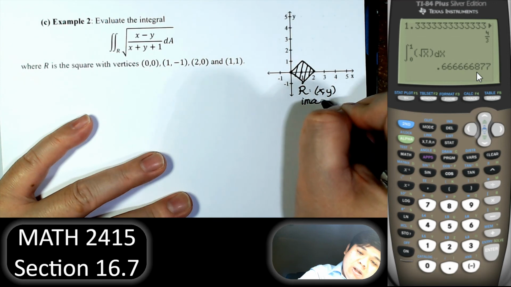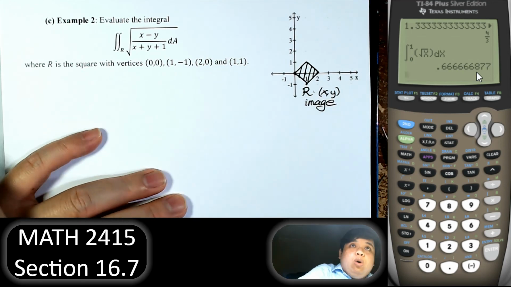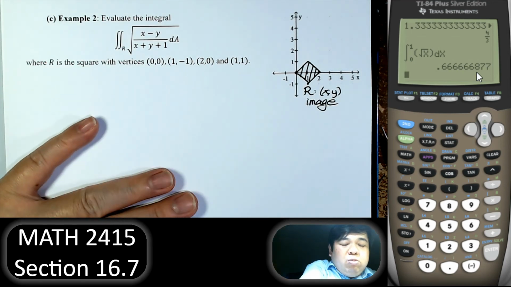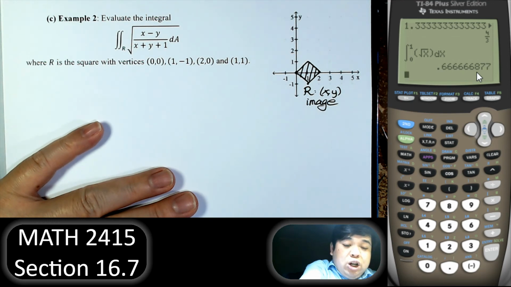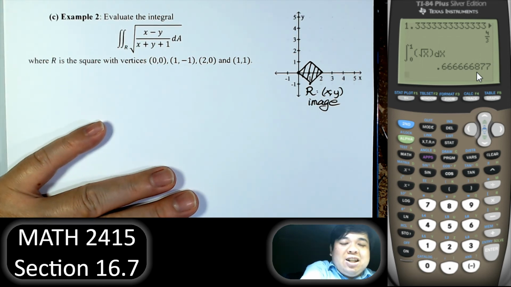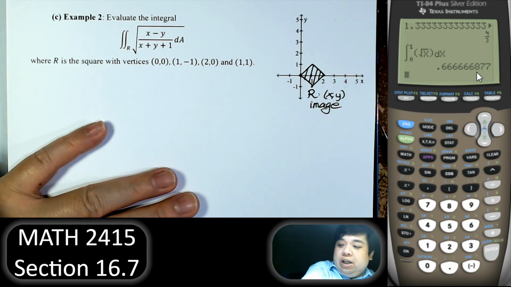This is the image. In order to use the chain of variable theorem, we need to know the pre-image, which we are not given. How about the transformation? Yeah, not given that either. We don't know that either. So in this case, we only know the image. So what should we do here?